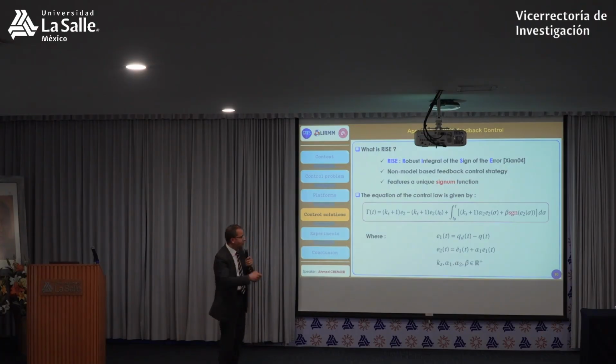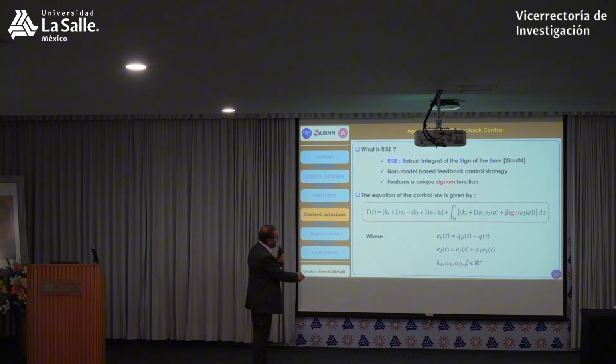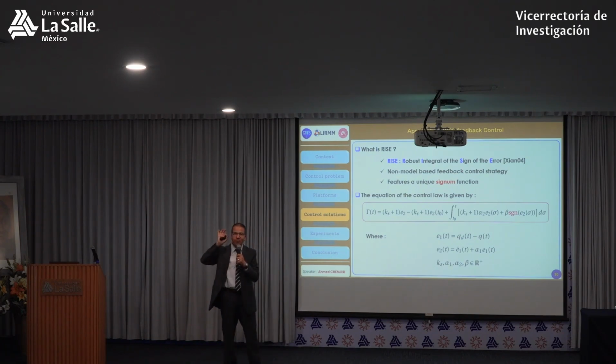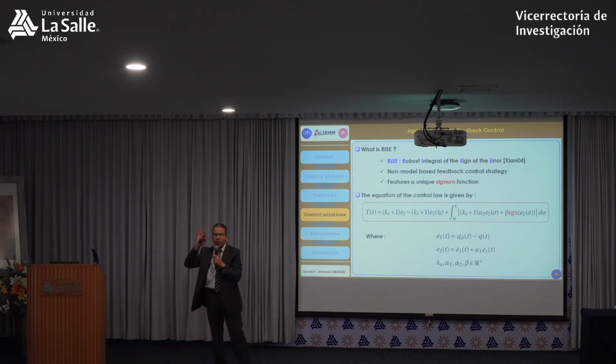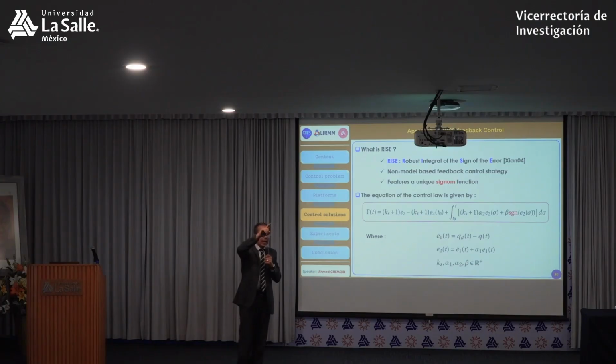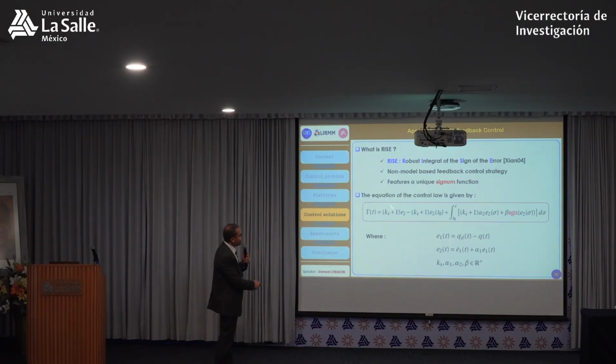To avoid this, you just have to remove the error at t equals 0 when you start. It means if you look at this equation, at t equals 0, it starts from 0. By doing this, you guarantee whatever your situation is, you start from a control input equal to 0 at t equals 0. Okay, this is the idea.